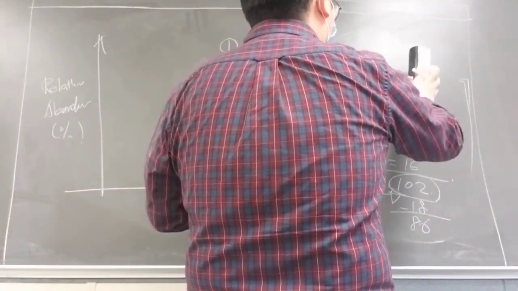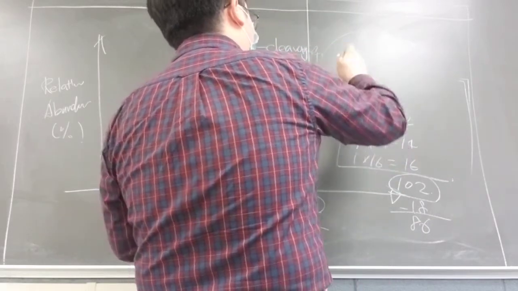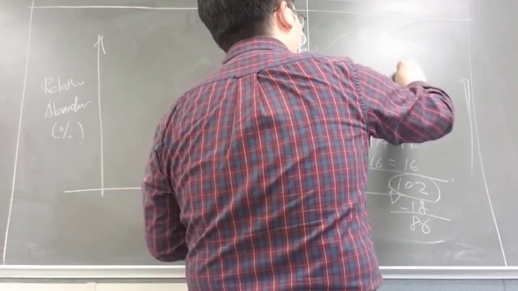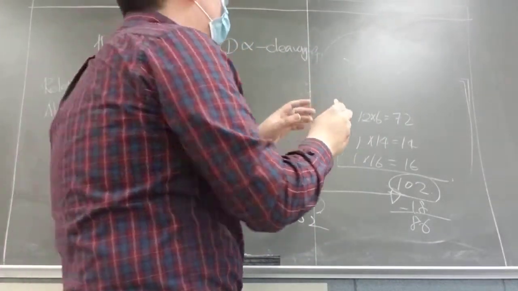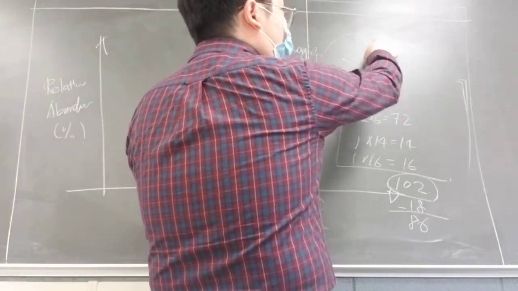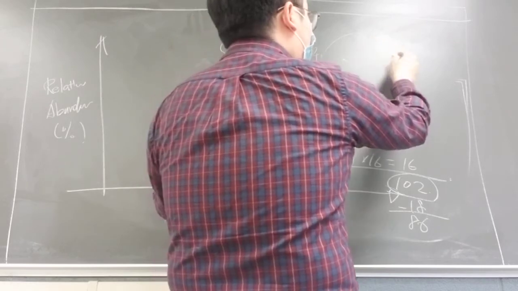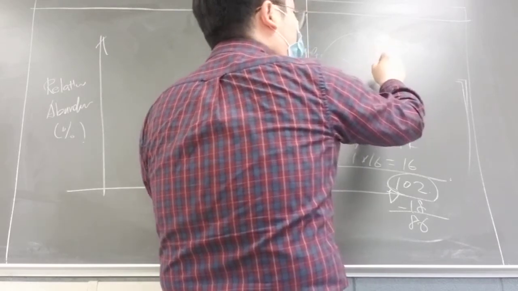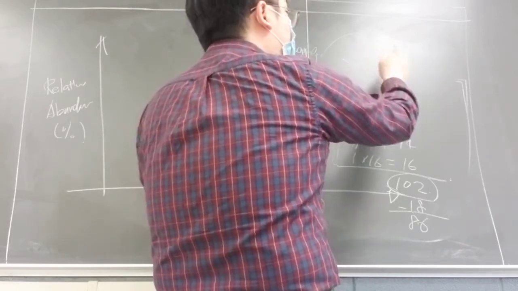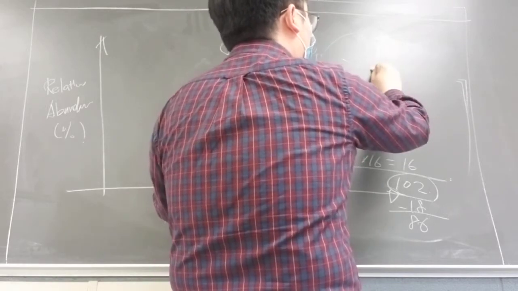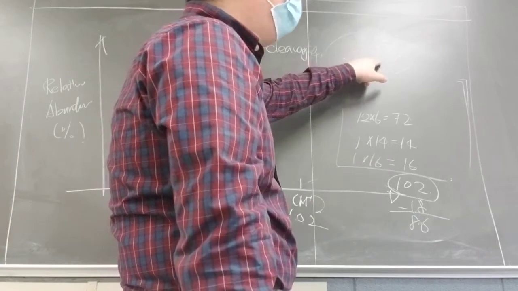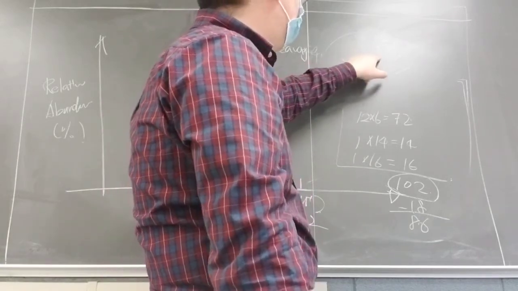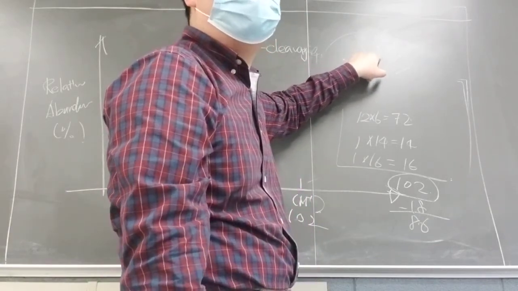Okay? It's pretty much the same. If you have alpha cleavage, this is the carbon that is close to the hydroxy group. So the bonds near this carbon are going to break, either this one or this one, right? Because they're not going to cut easily from here and here yet, because this is where you can find the closest hydroxy group.